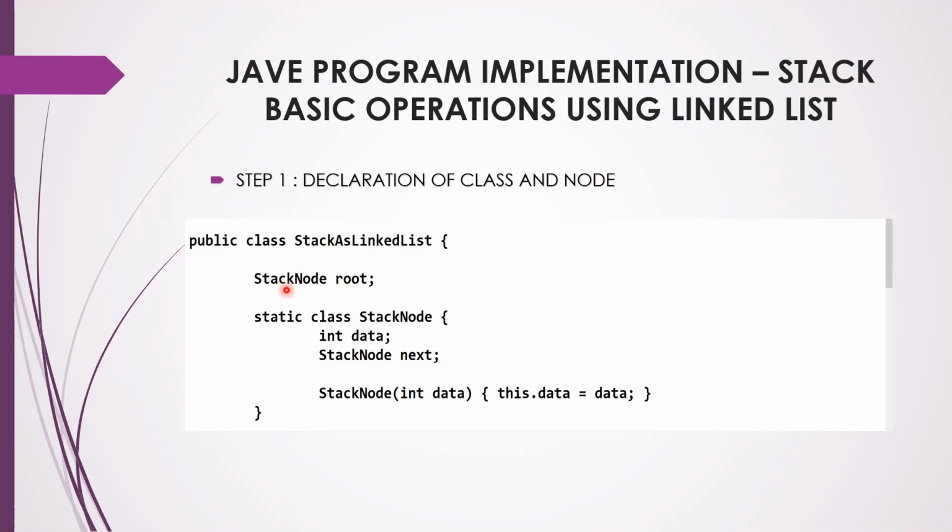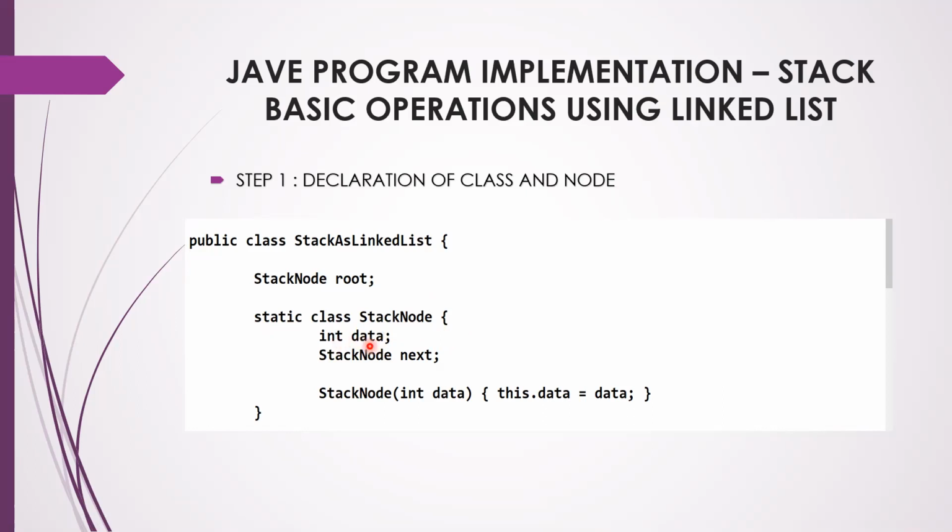So stack node root. Now you have to create a class which is used to create the nodes with the data and the next field. Since this is a repetitive process, it's better to have a class which is like a template to create the data with the next field. So you have a static class and the class name is stack node.